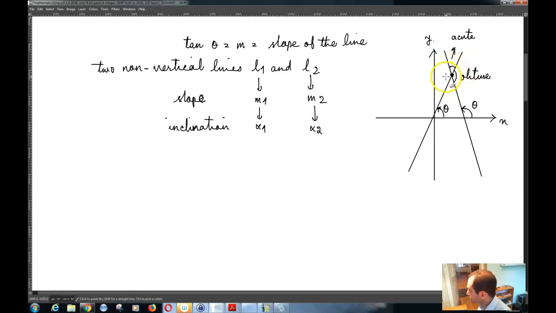Any two adjacent angles in this combination of angles sum to 180 degrees, right?